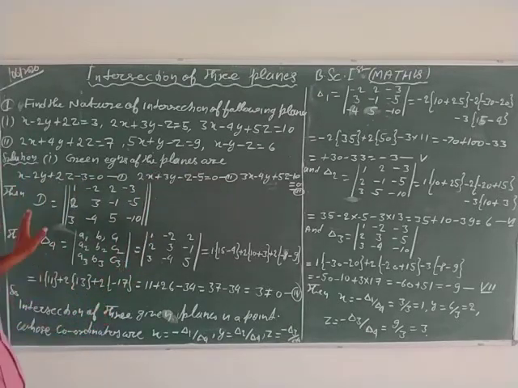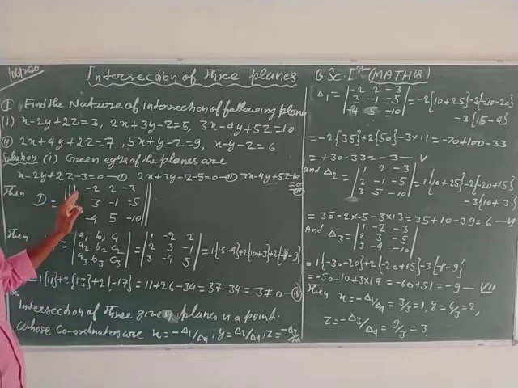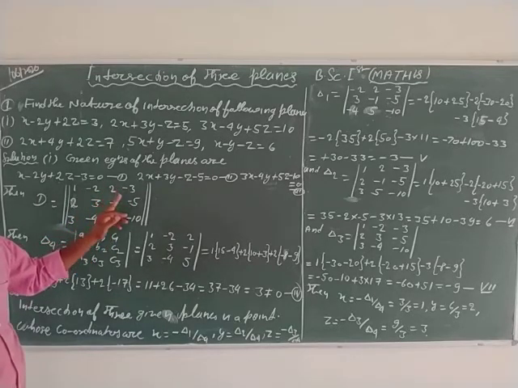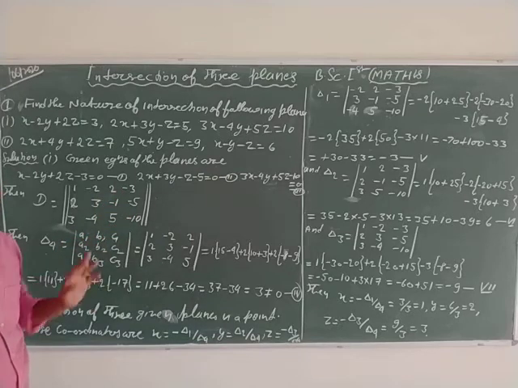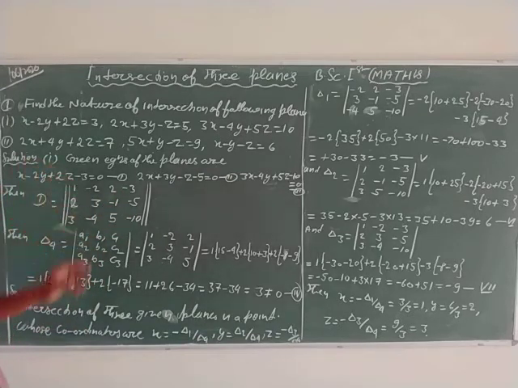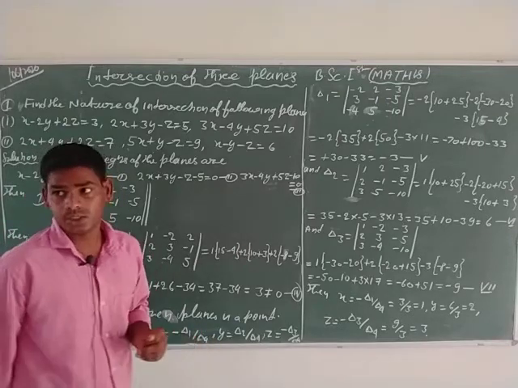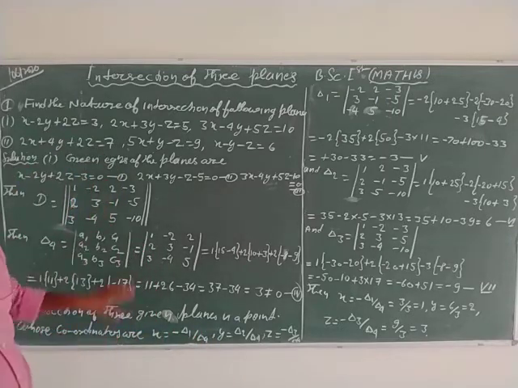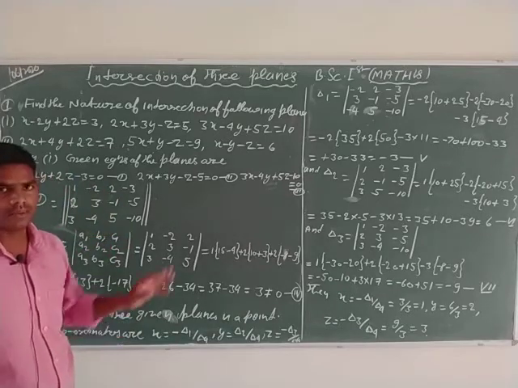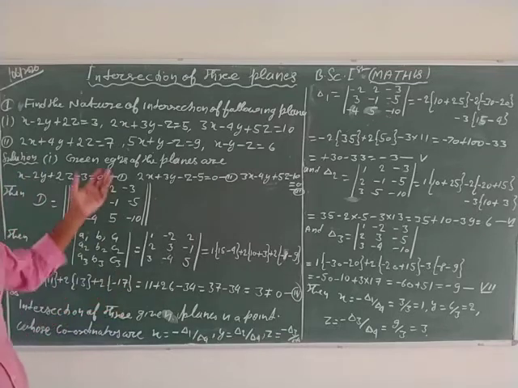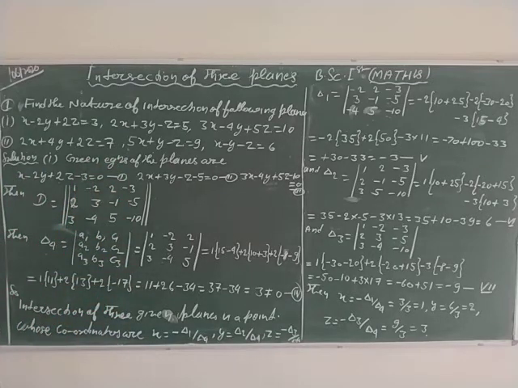After this, calculate the values of a1, a2, a3, b1, b2, b3, c1, c2, c3, d1, d2, d3. The coefficients of x, y, z are called a, b, c, and the constant is denoted by small d. So put all the values of a1, b1, c1, a2, b2, etc. from the first, second and third equations.